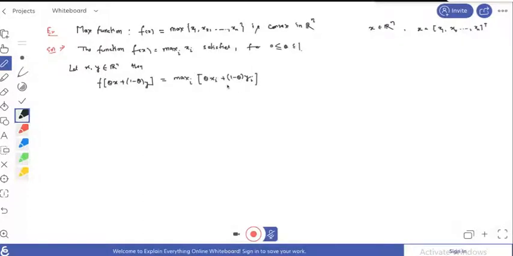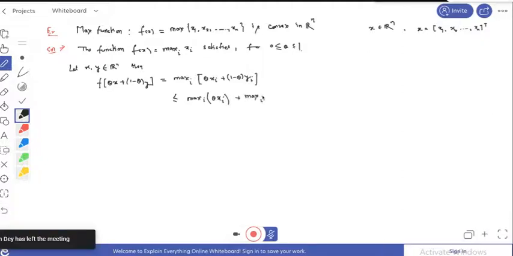Okay, so for the maximum of this, we can take the maximum of each term separately and then add them together. That is always greater than or equal to the original, with equality when all these terms are the same. So this is at most the maximum of theta xi plus the maximum of (1 minus theta) yi.